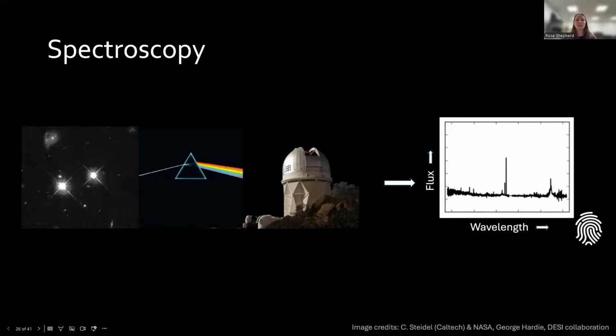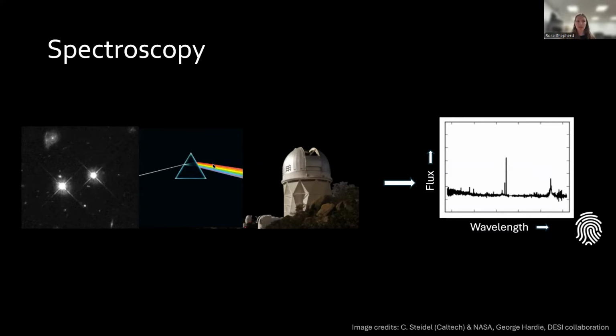And that's because on the sky, these distant bright objects can look a lot like stars. So here's an example taken with the Hubble Space Telescope of a quasar and a star next to each other. They're pretty hard to tell apart. So we can use something called spectroscopy to identify these objects and learn more about them.